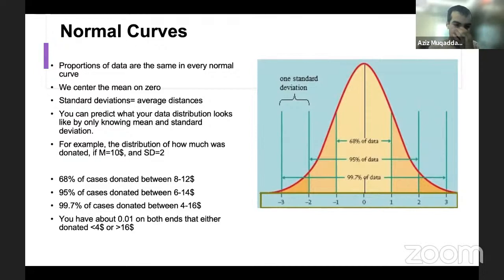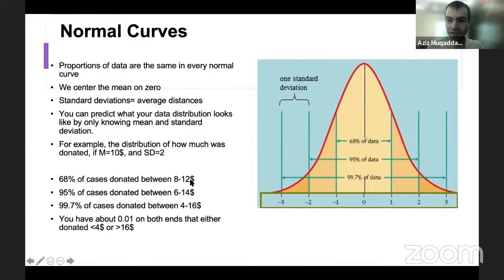So imagine we're measuring the amount of donation people gave to a donation call. Let's say the average was $10, so assume $10 is 0 right here, the one in the middle, not below, not above. That would mean 68% of the cases would donate between $8 and $12.